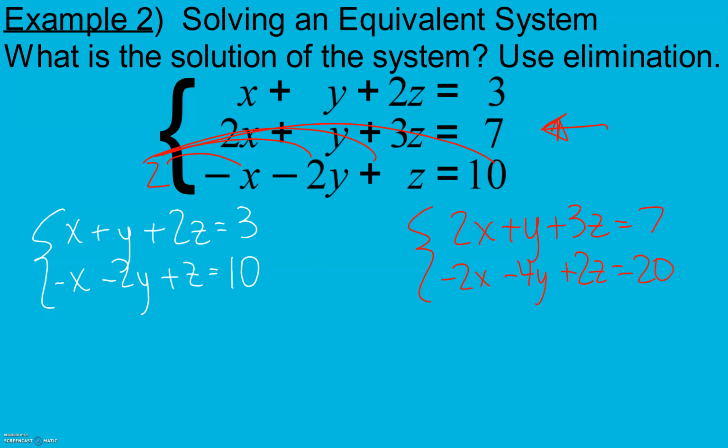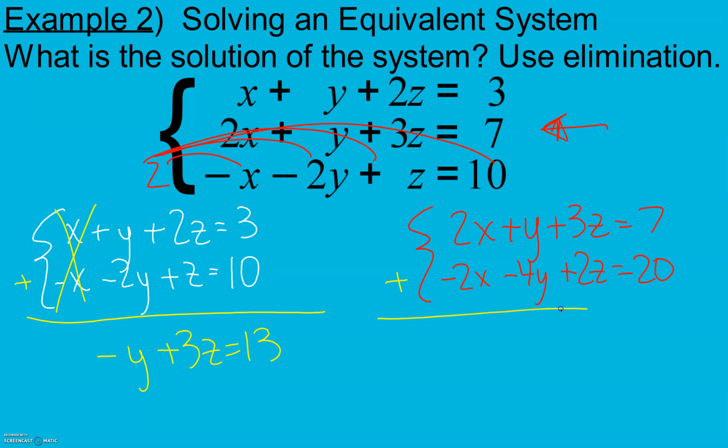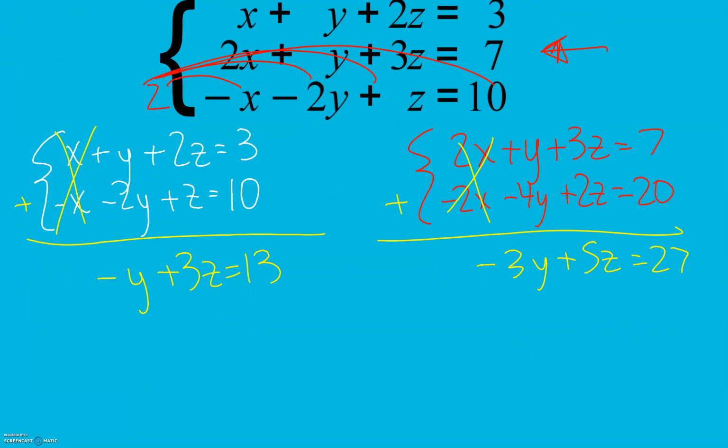Now that I have my equations, I can go ahead and add these up. My x's cancel and I get -y plus 3z equals 13. x's cancel, I get -3y plus 5z equals 27. Now I have two equations with two variables, so I'm going to go ahead and rewrite these as a system.